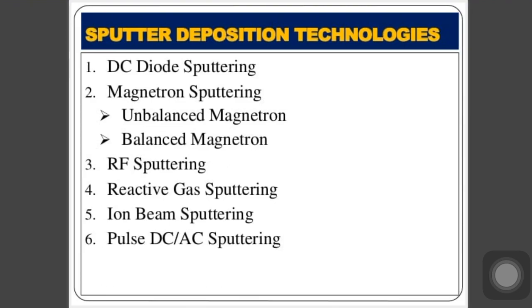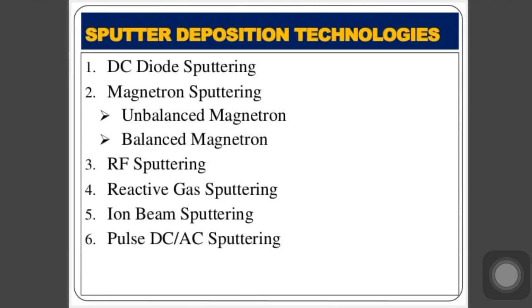The fifth process is known as the ion beam sputtering process. The sixth process is the pulsed DC/AC sputtering process. So these are the sputter deposition technologies.